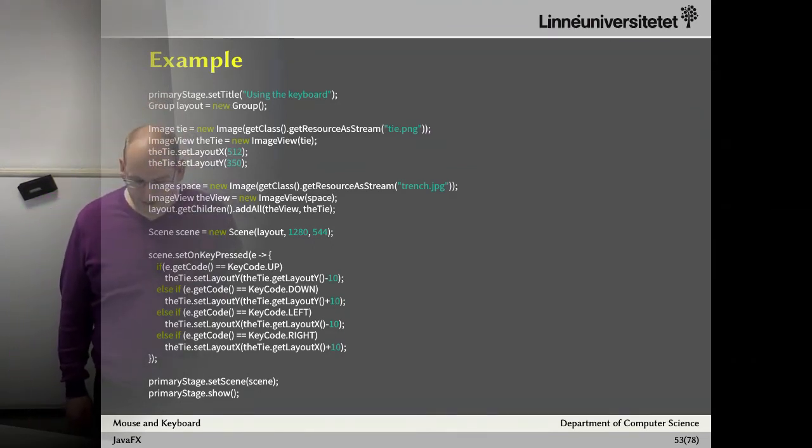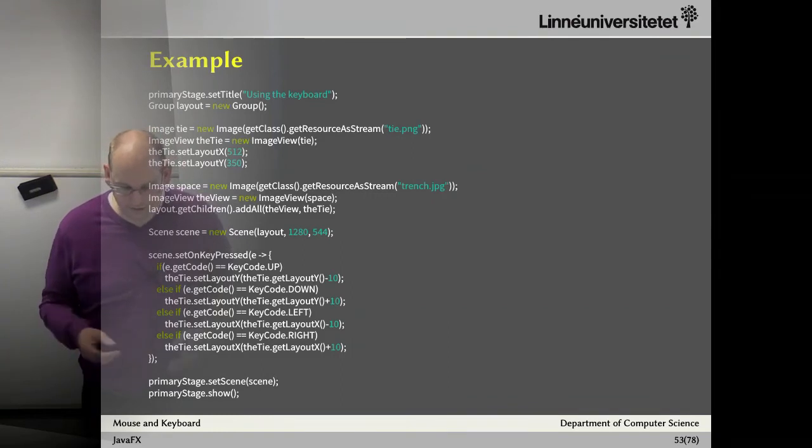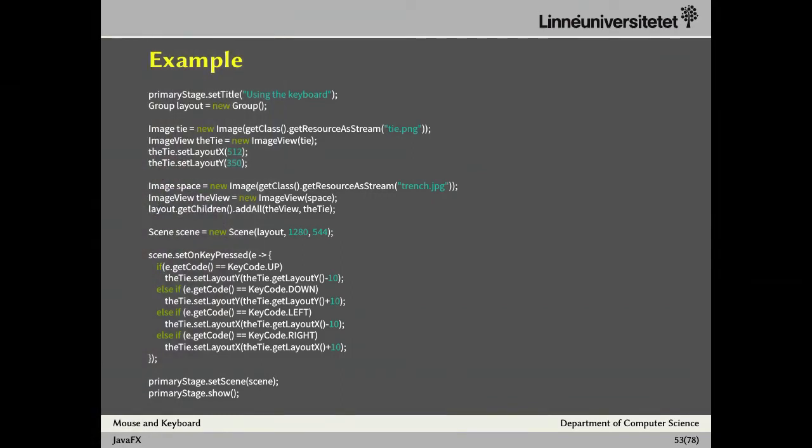Okay, in this case, we create first an image called tie, and we put that one in an image view, and we put it using set layout X and set layout Y at a specific place on the screen. And then we have another one which is just the background, and we add these two up. And then lastly, which is the important part in this example, we have scene set on key pressed.